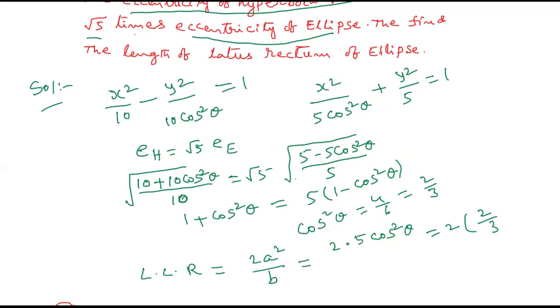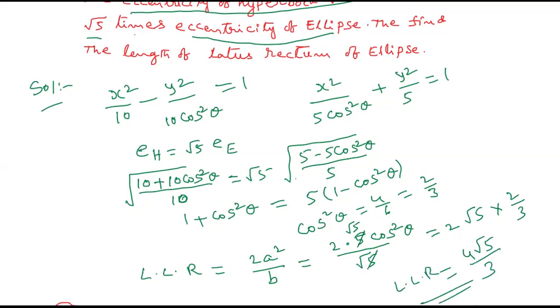So here we get 5 divided by root 5, and root 5 times it is going to cancel. Here we get root 5. Finally, 2 root 5 into cos square theta. What is cos square theta value here? 2 by 3. Totally, we get 4 root 5 divided by 3. This is length of latus rectum, 4 root 5 by 3.